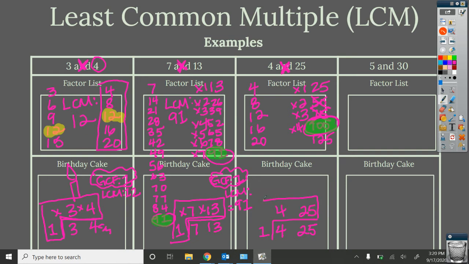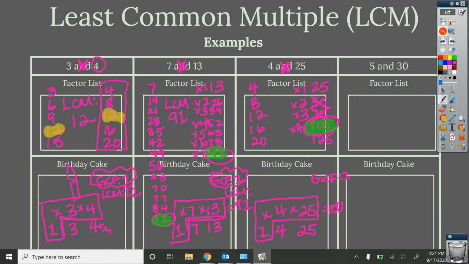And so when we went to find the least common multiple, we were just basically doing 1 times 4, which is 4, 4 times 25, which is 100, and the GCF is in fact 1. So anytime your greatest common factor is 1, you can just go ahead and multiply those two numbers together if you're trying to find the LCM.